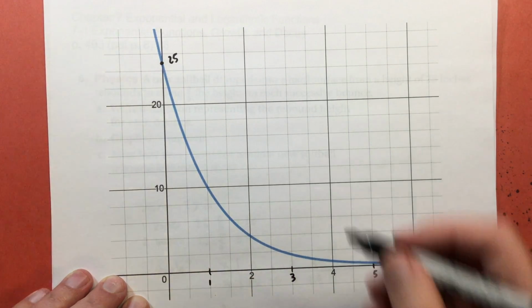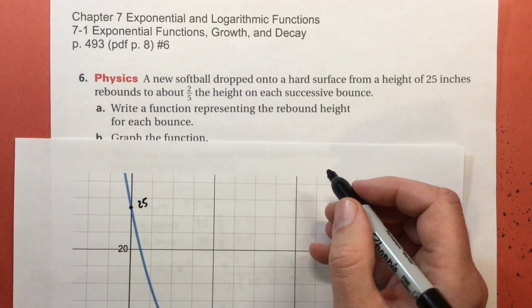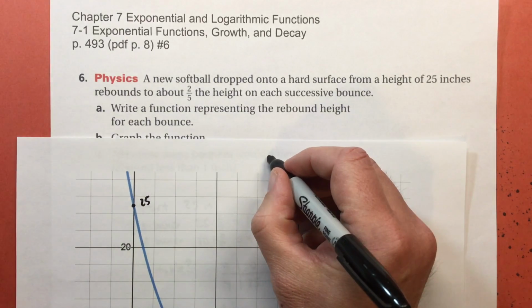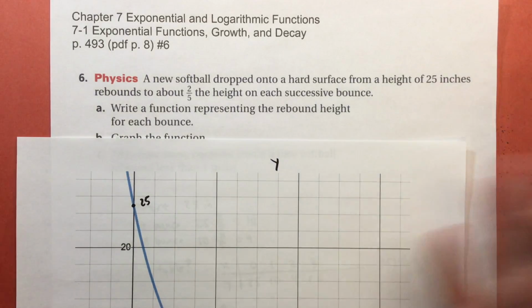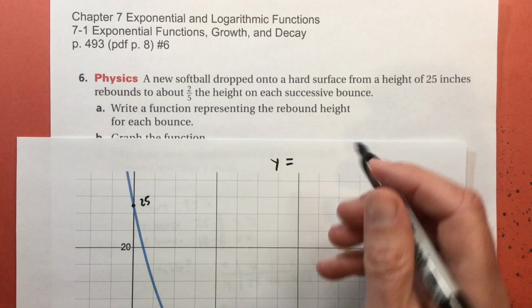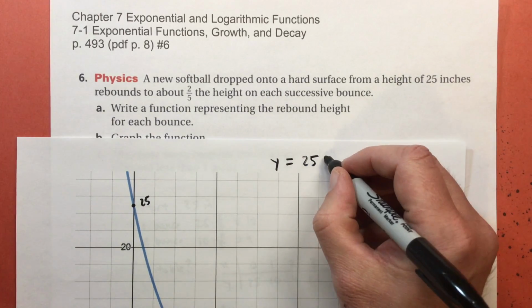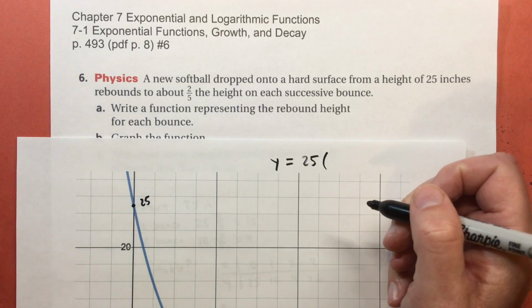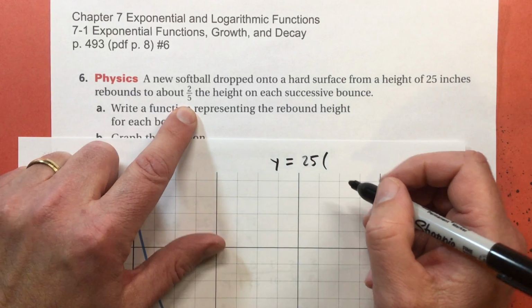But when I typed in my function, which I need to do, my function is going to be, and I'll say y because a of t doesn't make sense. How high is it at the beginning? 25. And it rebounds to about 2/5 of the height of each bounce.